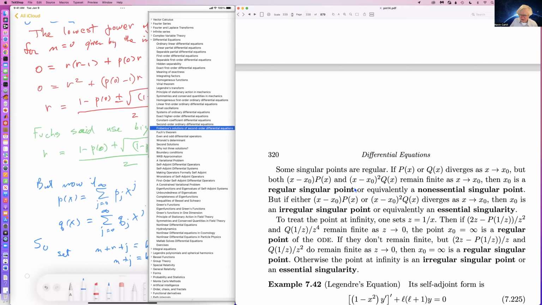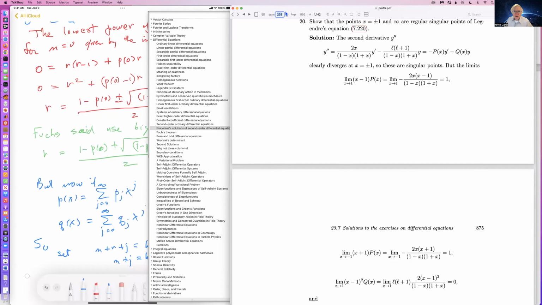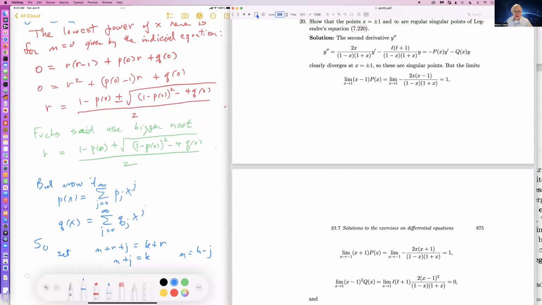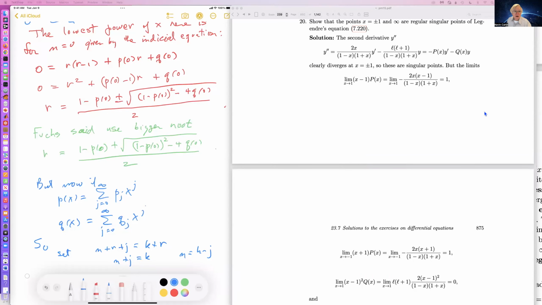We just call it the point at infinity, we don't call it a singular point. I am getting confused. All right. Well, let's just stay with what's here.